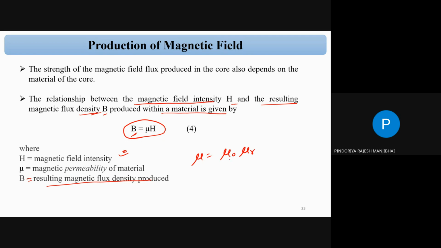Mu naught is the air permeability, and mu r is the relative permeability, otherwise the material relative permeability. Correct. So mu we can note down as mu naught into mu r.